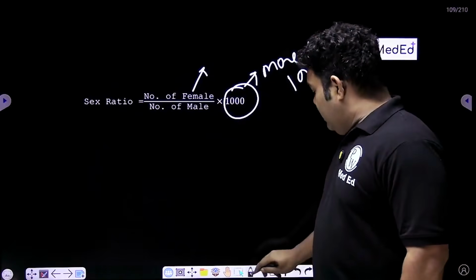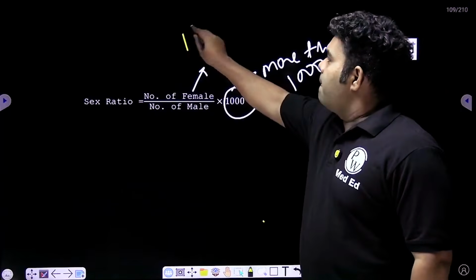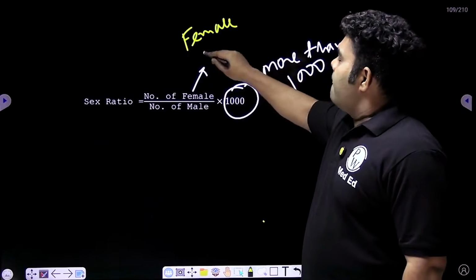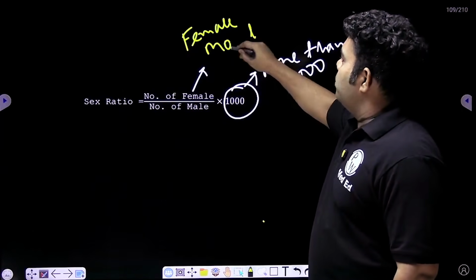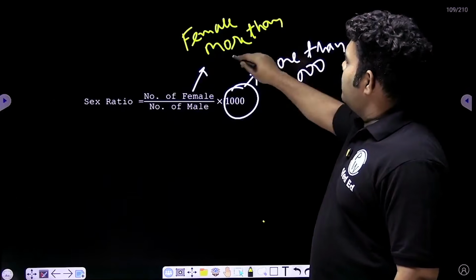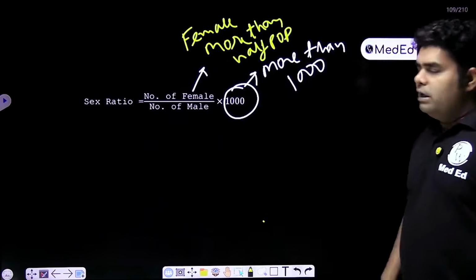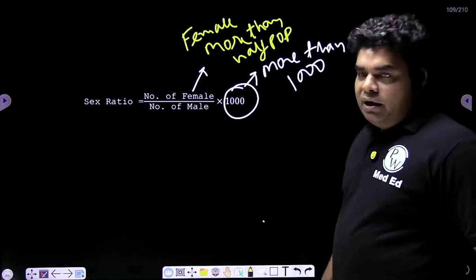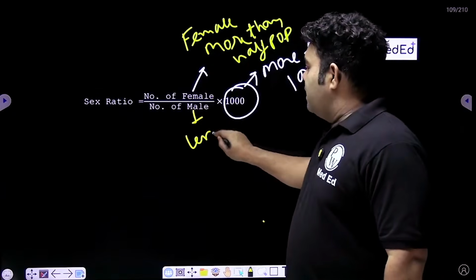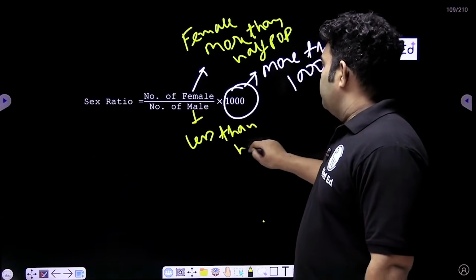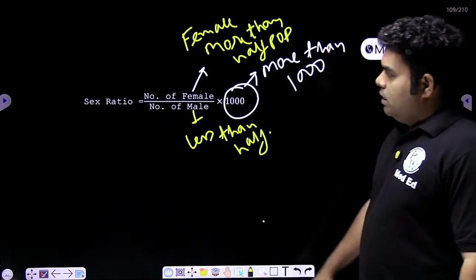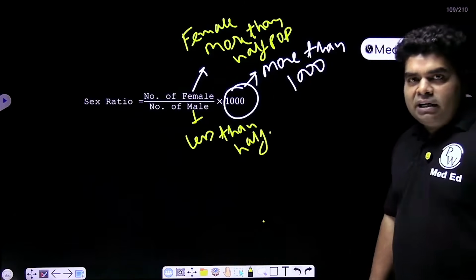Female must be more than half the population. If female is more than half, then on multiplying with 1000, it will come more than 1000. And male must be less than half, because female is more than half. Then the sex ratio will be more than 1000.